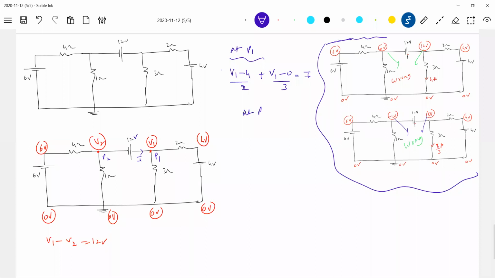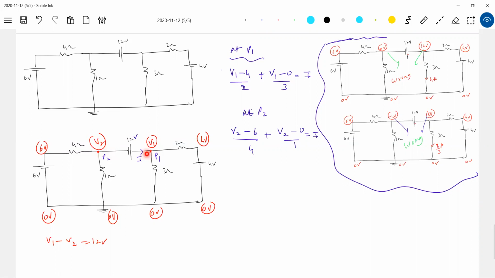Now again at P2. At P2, this I will leave. This I is entering, no? So here at P2, it will be V2 minus 6 by 4 plus V2 minus 0 by 1 should be equal to minus I. One thing I'm very sure of: what current leaves here, that current should enter here.